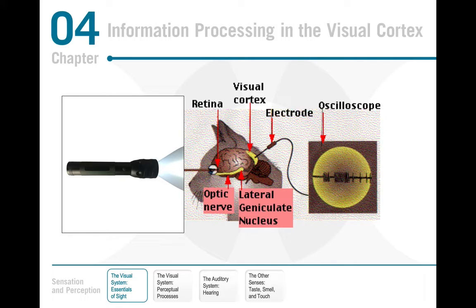They do that by placing microelectrodes in the visual cortex of animals, such as cats, to record the action potentials, or the activity, of individual cells. We'll learn more about how neurons communicate with one another in Chapter 3. We'll basically do that after we're done with Exam 1.